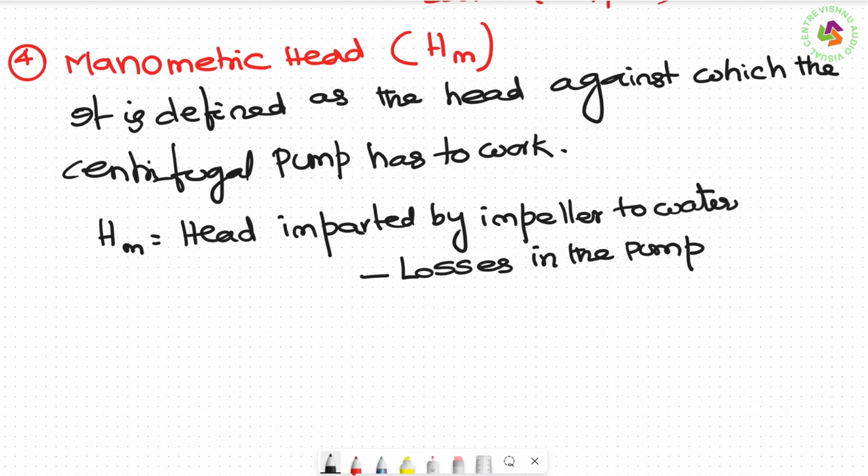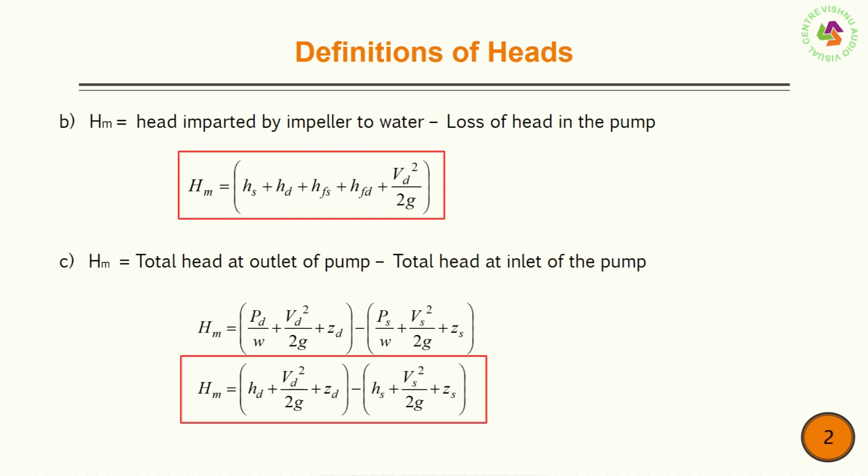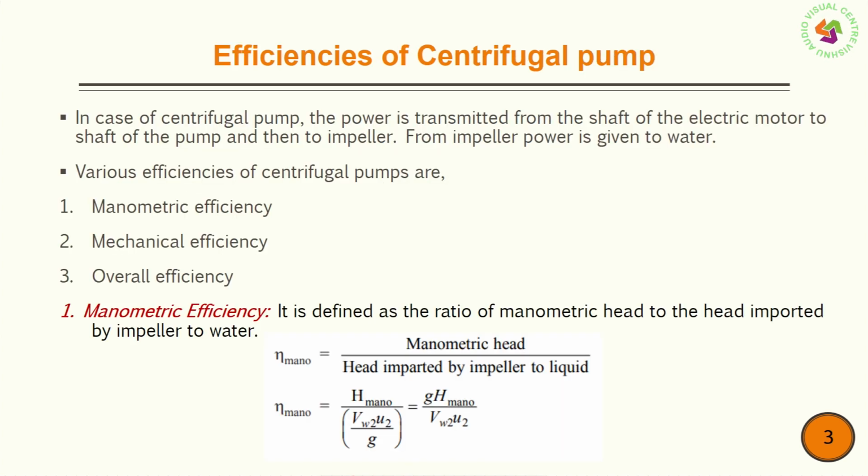This is related to the motor capabilities. Suppose you want to lift only a smaller height and you have a bigger horsepower pump, then automatically you are wasting power. So that is why, depending upon the suction and delivery, we choose what capacity of pump we need for our purposes. Kindly remember it.